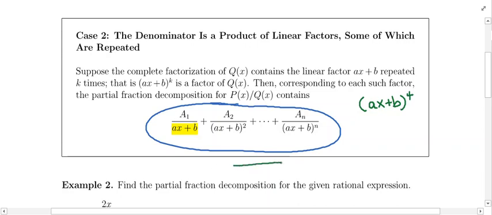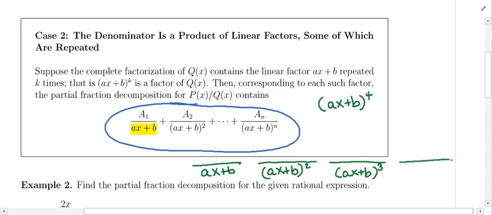You would have one fraction with the denominator just ax plus b to the 1st power. Then your second fraction is going to be ax plus b squared. You bump it up a power. The third fraction will be ax plus b cubed in the denominator, and you keep doing this until you get to the highest power. So the last fraction pertaining to this factor would have a denominator of ax plus b to the 4th power. That's when you stop.